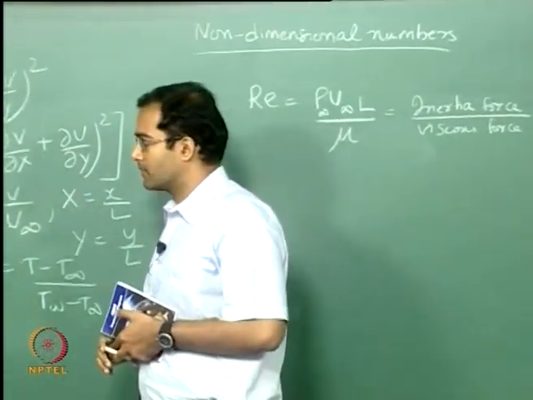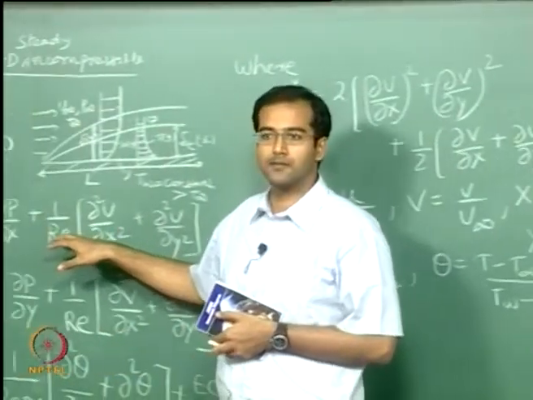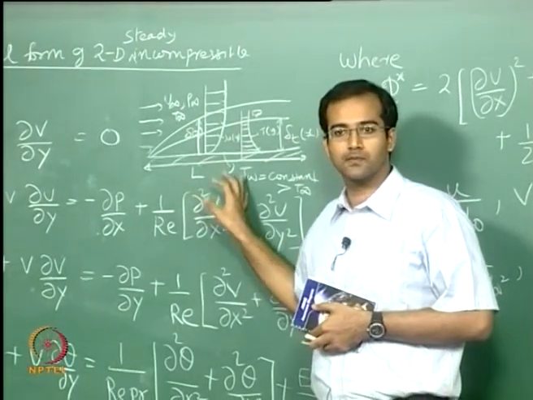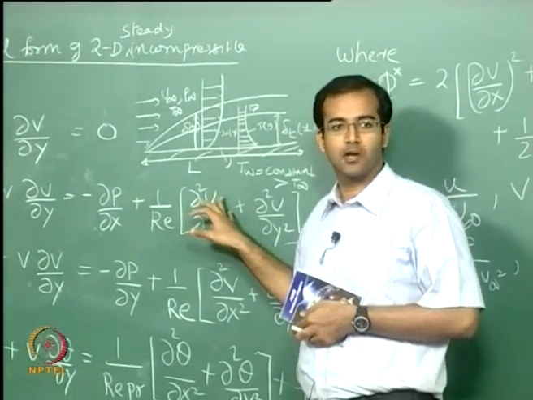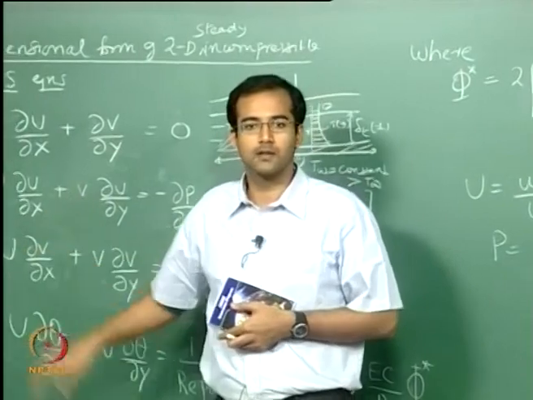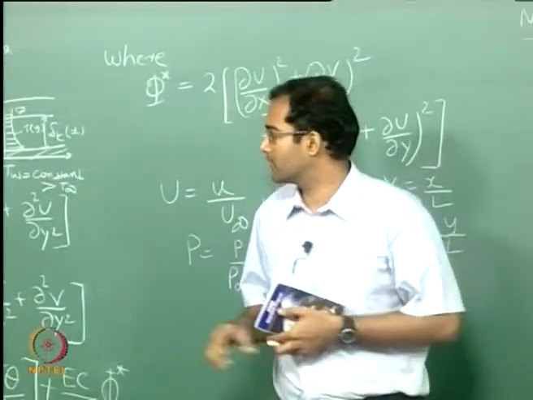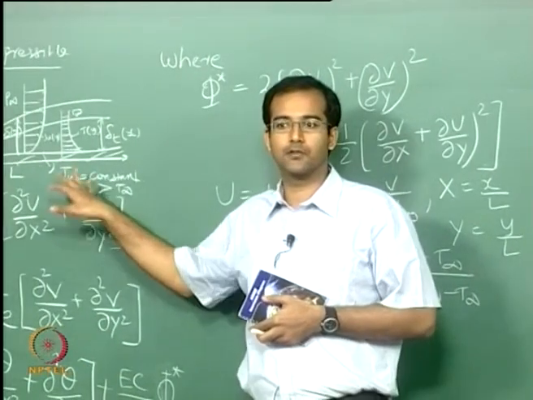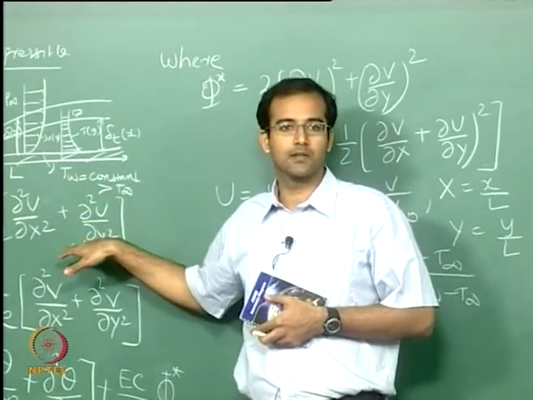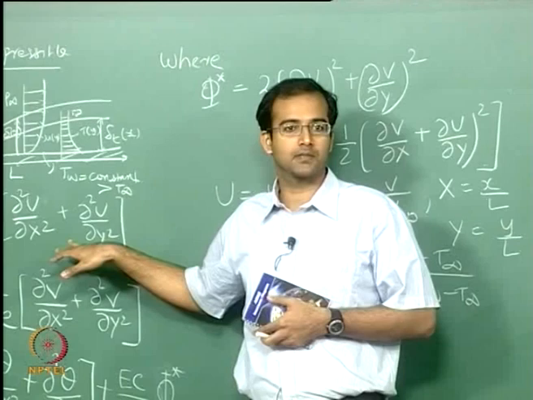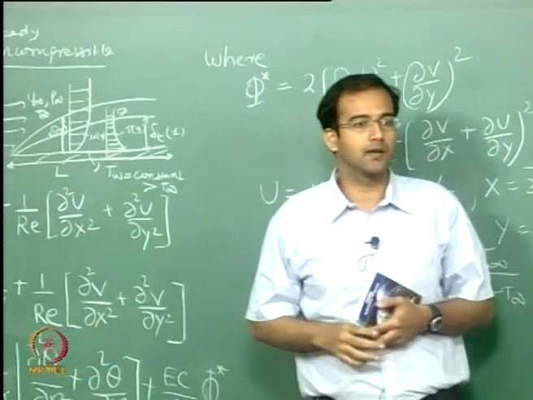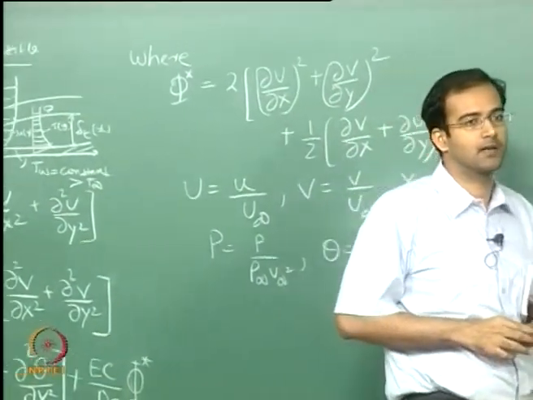If your Reynolds number is very small, then this term is dominant over the other term. So you can neglect, for example, the inertia compared to the diffusion terms right here. Under the limit of small Reynolds numbers, you can have a viscous diffusion dominant flow.